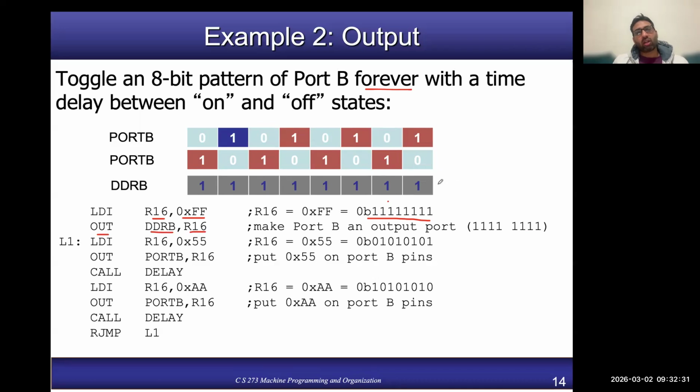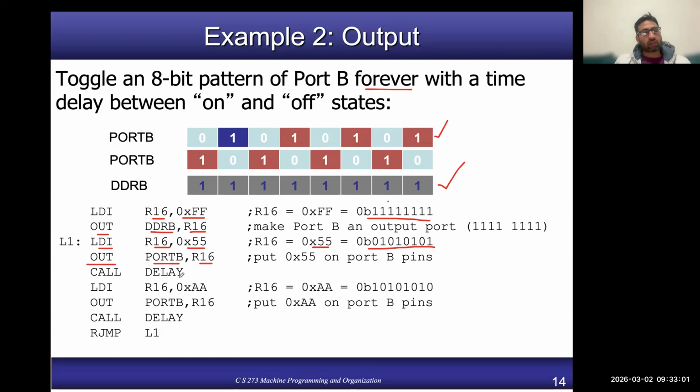Basically, you are configuring port B in the output mode. After that, you need to load the pattern 0101, which in hexadecimal form is 0x55. So you load 0x55 into R16 using the load immediate instruction, and then send R16 to port B using the out instruction.